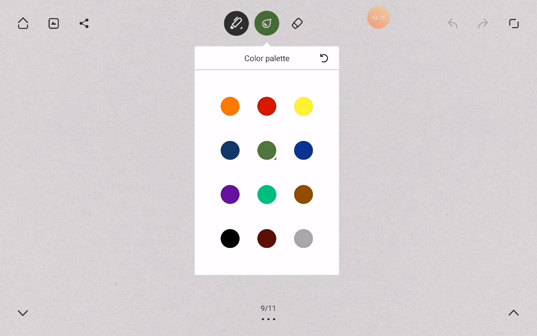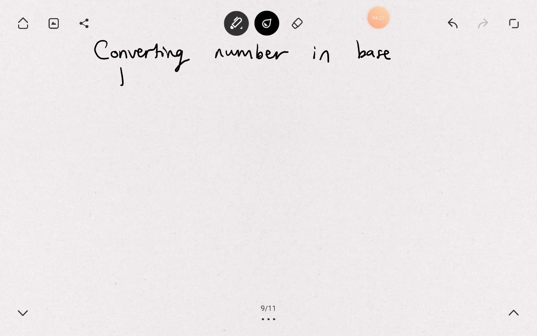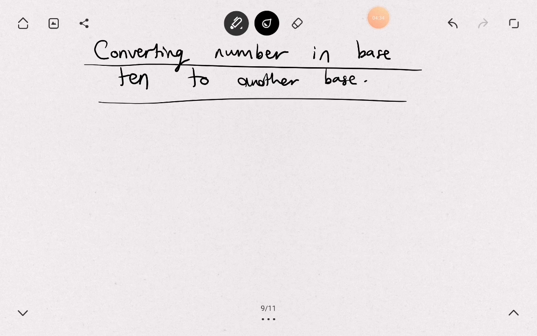Now first we will look at converting from base 10 to another base. The method is called repeated division.